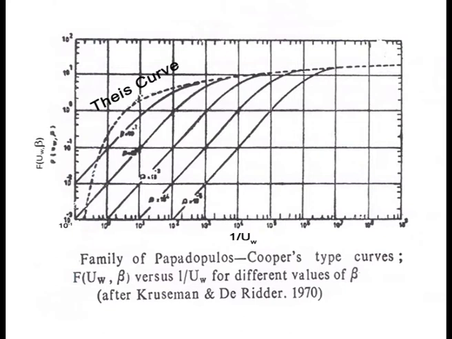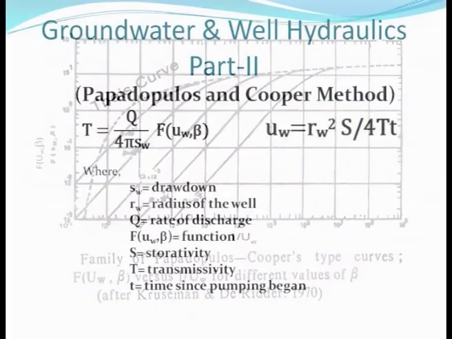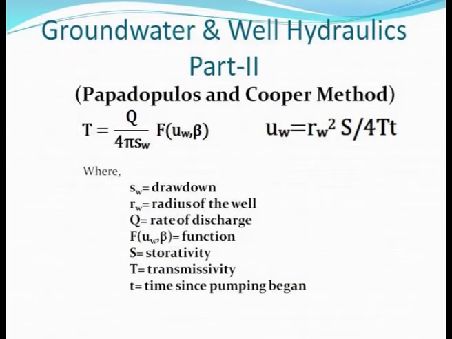This experimental curve should be matched with the standard curve given by the Papadopoulos and Cooper method. Four values we will get. So we can determine T from the formula given in the text, and similarly beta, just like u, you will get the S value from this.